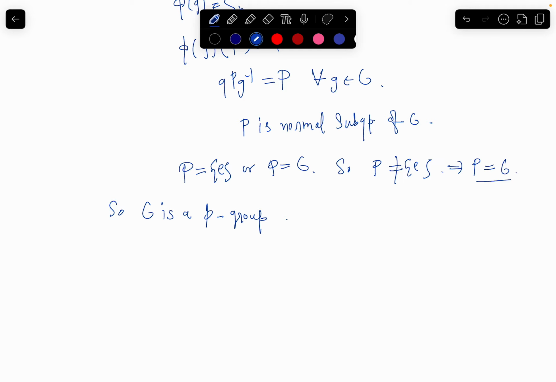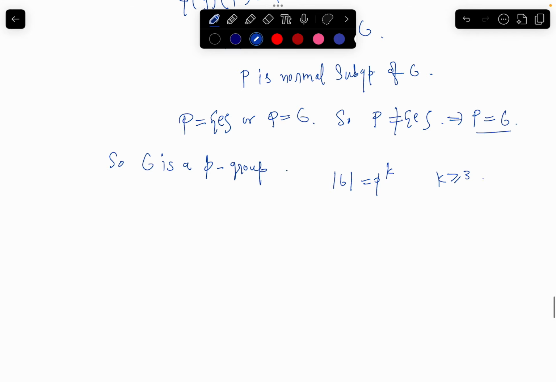So if G is a P group and it is non-abelian, the size of G is P to the power K, where K is at least 3. And we know that the center of P groups is non-trivial, at least for K greater than 2, in this case K at least 3.